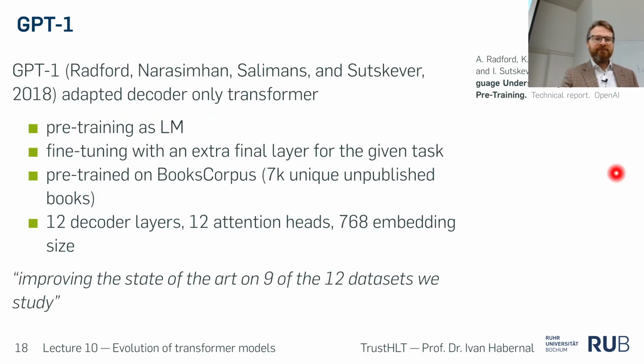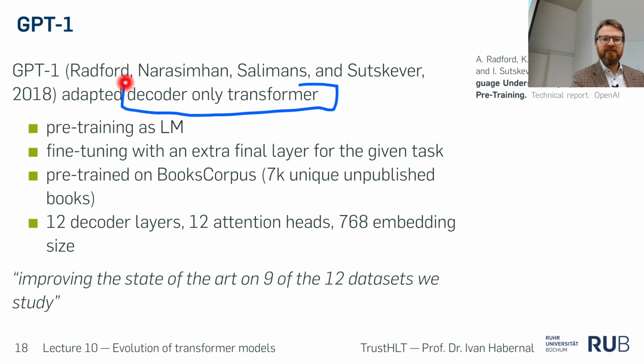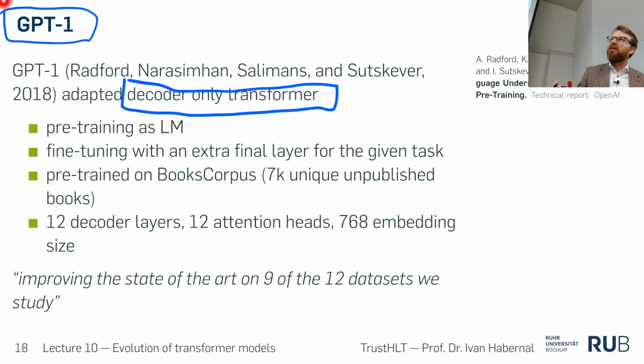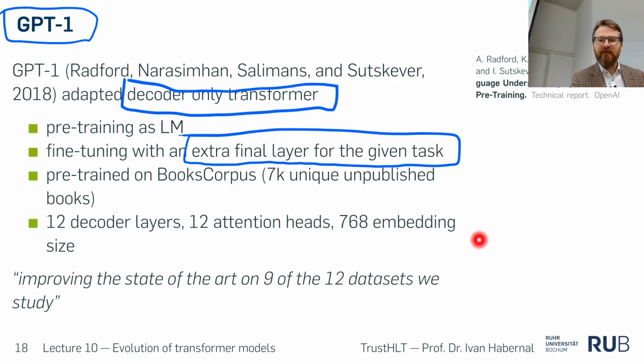So the GPT-1 model took the decoder-only transformer from the previous works, and again, pre-trained as language modeling. They fine-tuned it, but GPT-1 wasn't really a general model for everything. So they had a couple of tasks, and they had an extra final layer for each of the tasks. So you would have the transformer model, let's say it goes left to right.